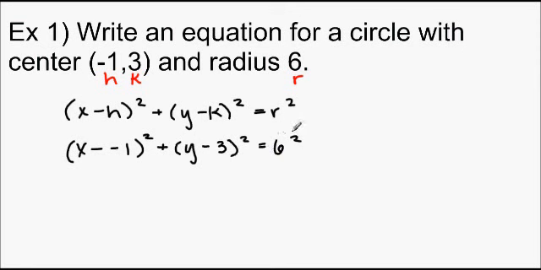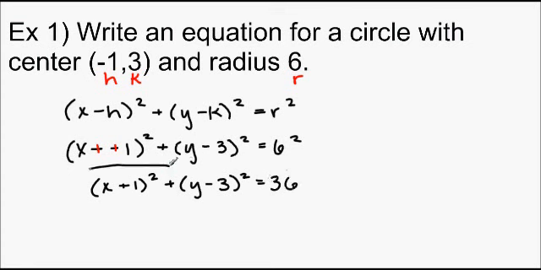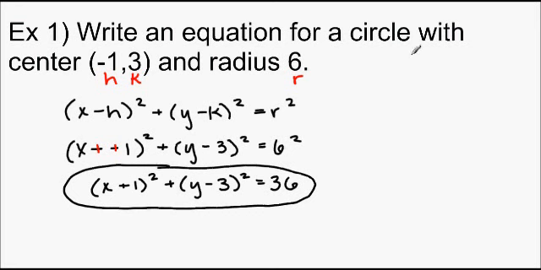Now I'm going to simplify a little bit. Minus negative is really plus positive. So we have x plus 1 squared plus y minus 3 squared equals, you could either write here 6 squared or 36. I'm going to write 36. And this is my standard form of my equation of a circle.